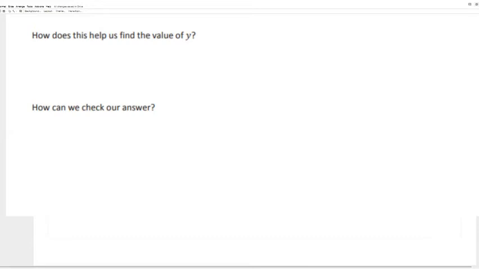Well, this helps us because we use multiplication, which is the inverse of division.